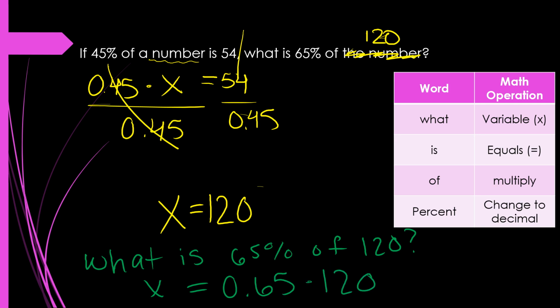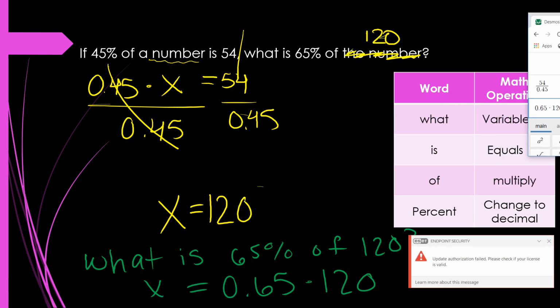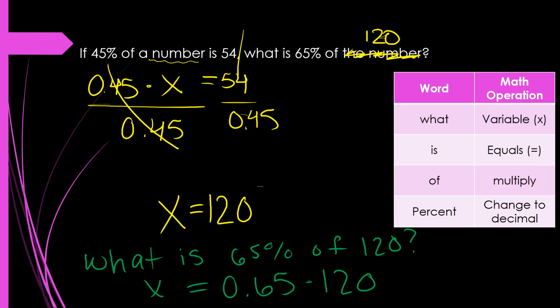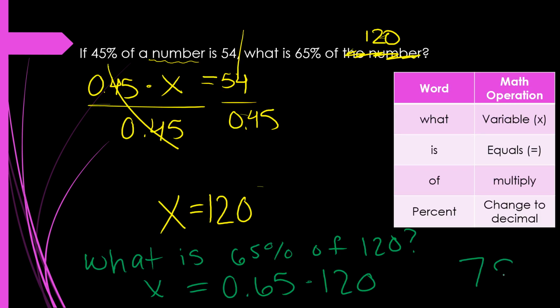So all I need to do is take that 0.65 and multiply it by 120. 0.65 times 120, which tells me it is 78. So 78 is my final answer here. 78 is 65% of 120.